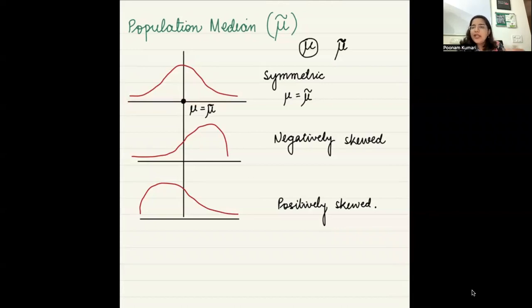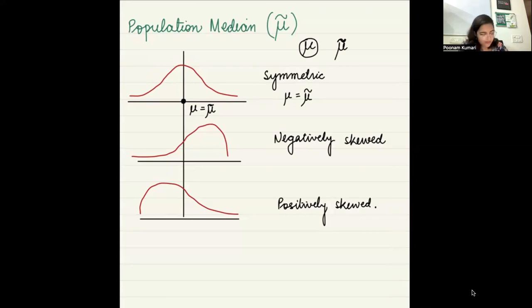You keep calculating and adding, right? So this value plus this value, the addition will be here. This value, addition will be here. Everything will be centered around this point, right? So whenever you have symmetric data, one of the distinctive features is the mean value is exactly equal to the median value, right?